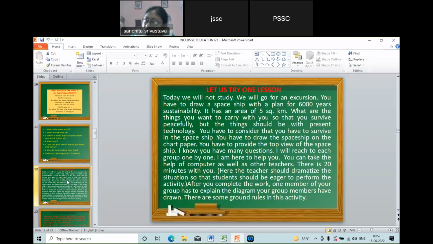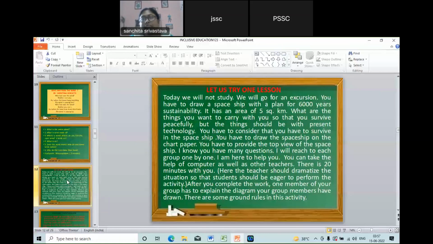But that particular child may be interested in a very different way. Let's see how. It is not necessary that every day we go through formal book study material. We can have a discussion.